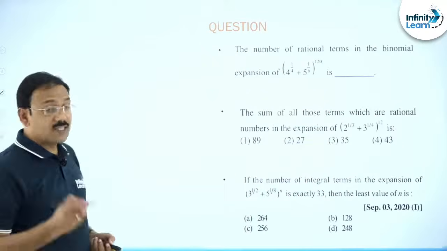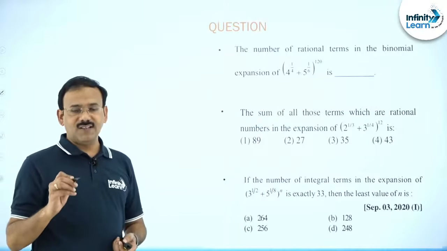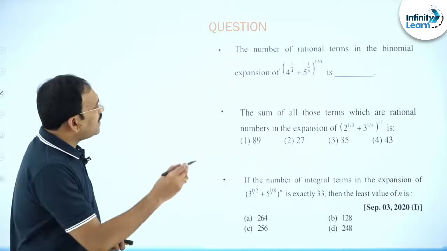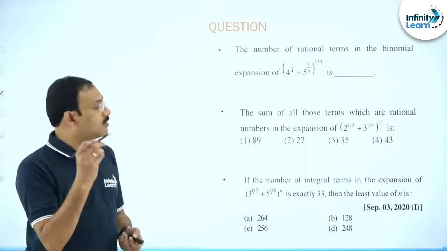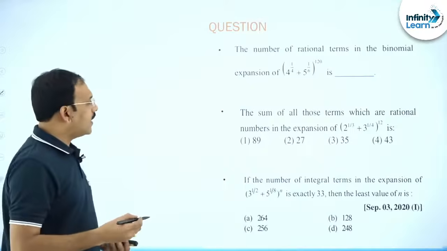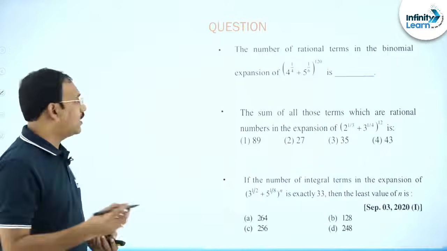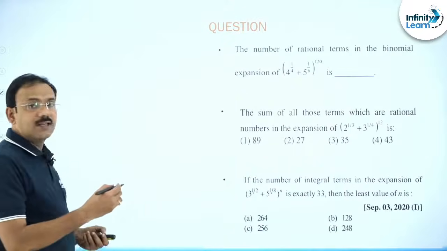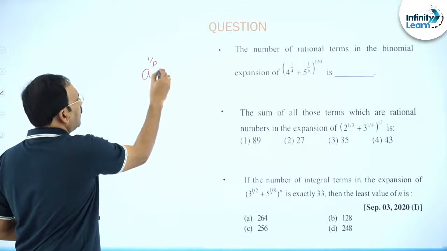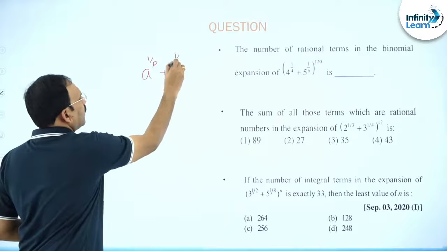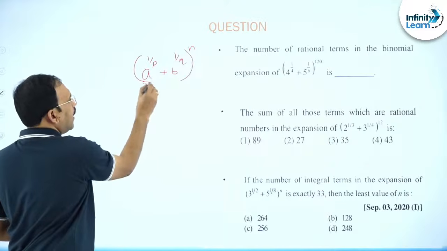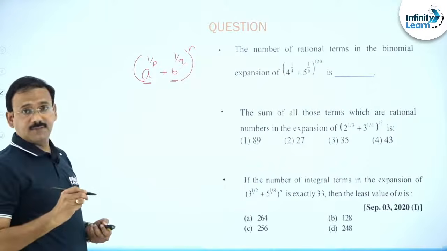Fine. You see, second important model, dear students, very important model. Find the number of rational terms in the binomial expansion of this. Here, this is a standard question. I think you know this technique, that is, if you are given a power 1 by p plus b power 1 by q whole power n, where a, b both are primes.